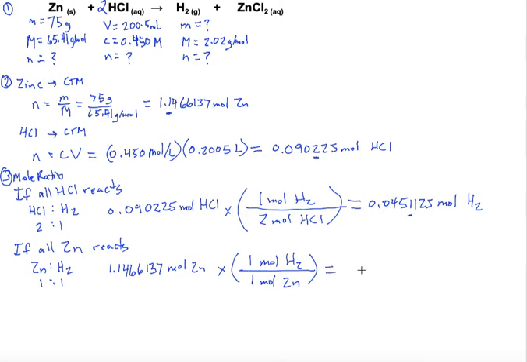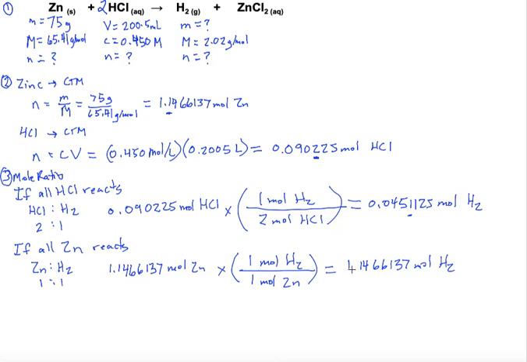We will get 1.1466137 moles H2. Now, if we compare this, if all the HCl reacts, we're going to get 0.0451 moles of H2. If all zinc reacts, so if zinc was limiting, we would get 1.14 moles of H2.